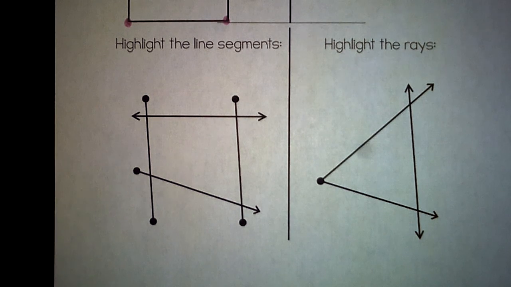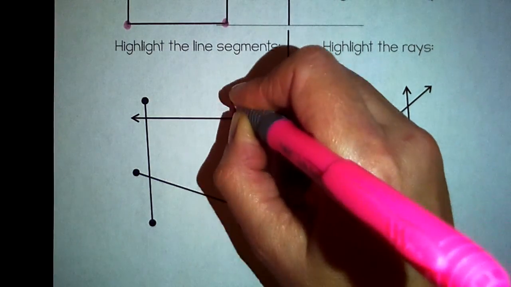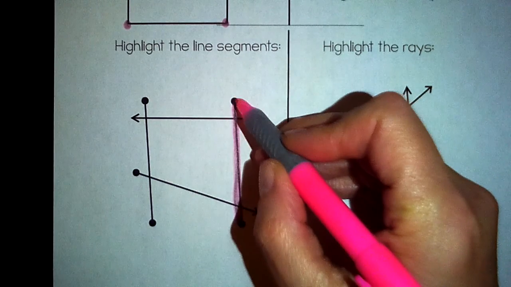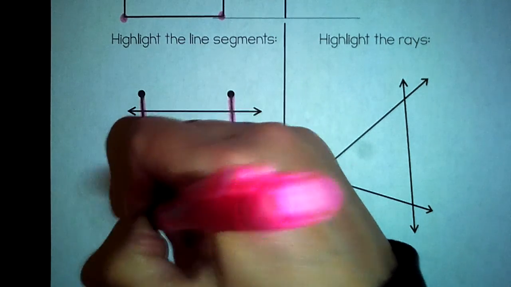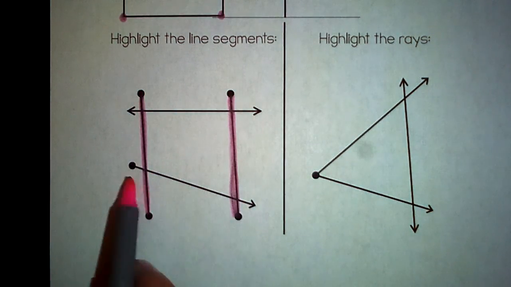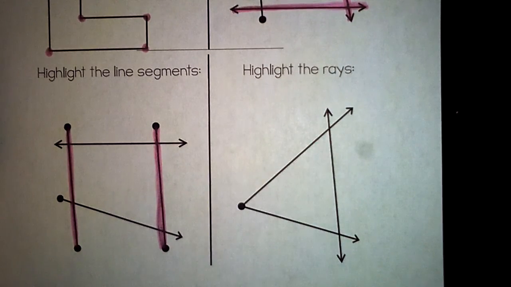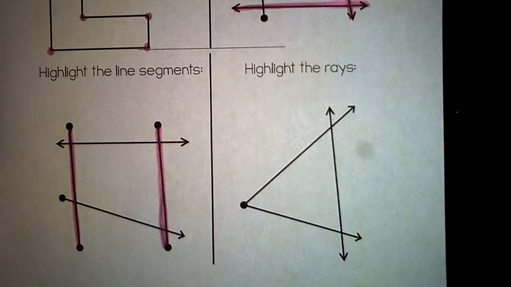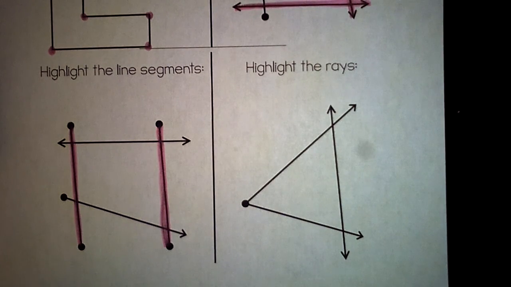Okay, down here, we're going to go ahead and highlight the line segments. So line segments, it's a part of a line and it has two endpoints. So that's what we're looking for. So we've got this line segment, two endpoints, 1, 2. We've got another line segment here. Here's a line, here's a ray. I'm not going to highlight those. Okay. Now we're going to go ahead and highlight the rays. And just like I showed you on that other piece of paper, rays share an endpoint and form an angle.